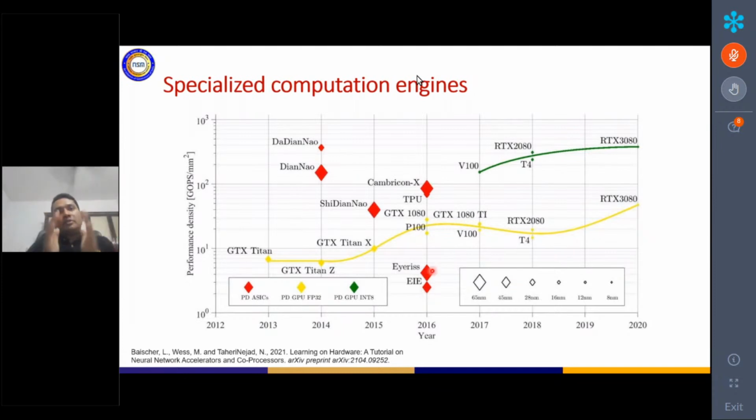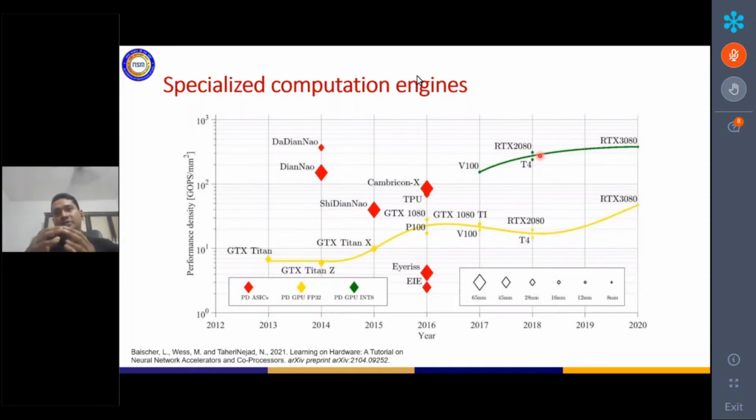So basically, the size of these diamonds specifies what kind of feature map they are using. Now, with decreasing the feature maps, that means you can accommodate more compute units inside your chip, right? So that means you can increase the performance density, GOPS per millimeter square, right? So how far can you go? Of course, you cannot go beyond a certain limit.